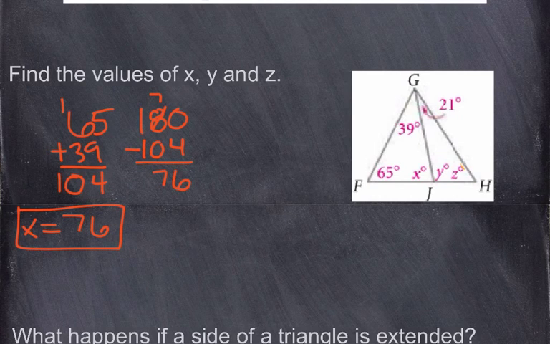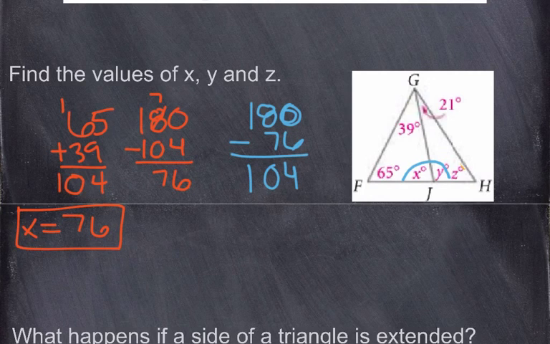So in this case, notice that x and y are a linear pair. They're supplementary. Well, we already found 76 is x, so therefore we subtract that value from 180, and we end up with 104. And that is what y is. So y is equal to 104.